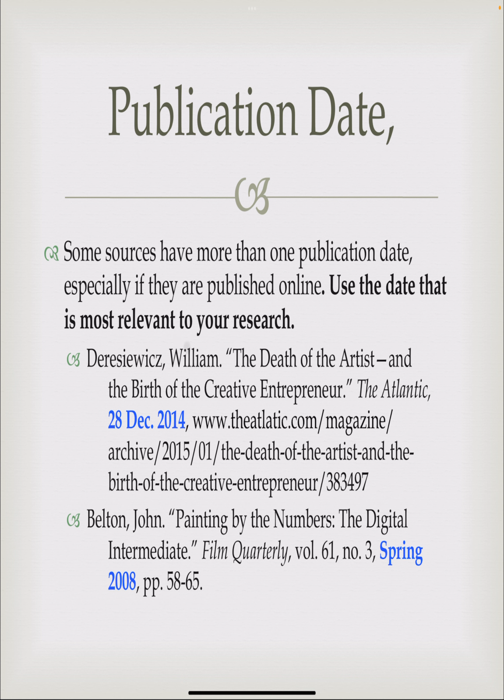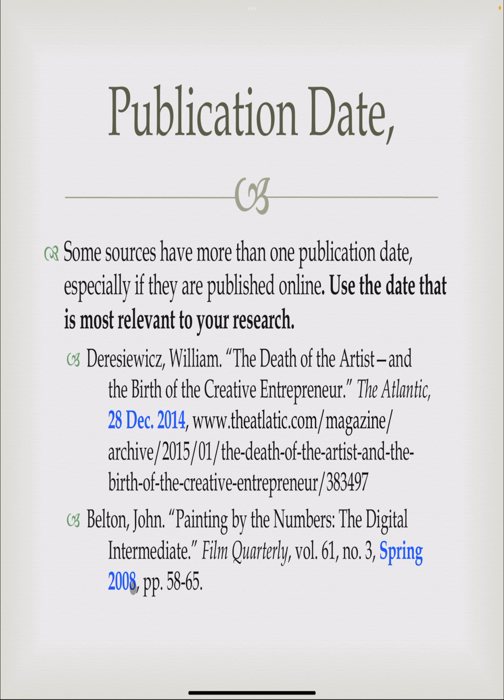Publication date following the publication, right? So here we have John Belton, Painting by Numbers being the article, Film Quarterly being the journal, volume 61 of Film Quarterly, number 3 of volume 61, and then here's the date, spring 2008.